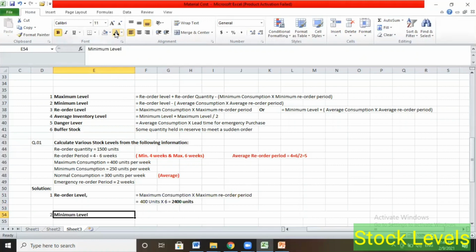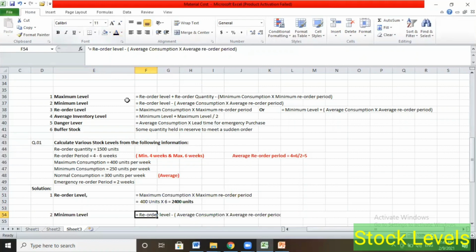Then we can calculate either minimum level or maximum level, anything you want. In case of minimum level, we need to follow this formula: reorder level minus average consumption into average reorder period. For this, reorder level is already calculated, 2400 units. What about average consumption into average reorder period? Average consumption is normal consumption, which is 300 units, and the reorder period was 4 to 6 weeks, so average is 5 weeks.